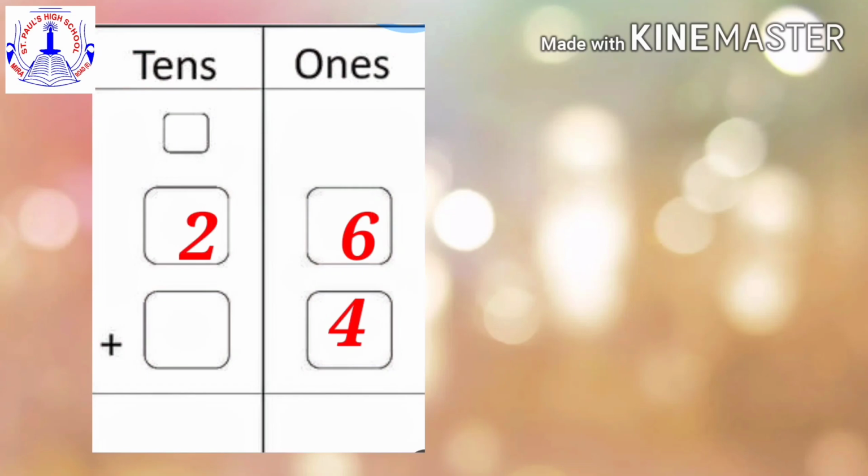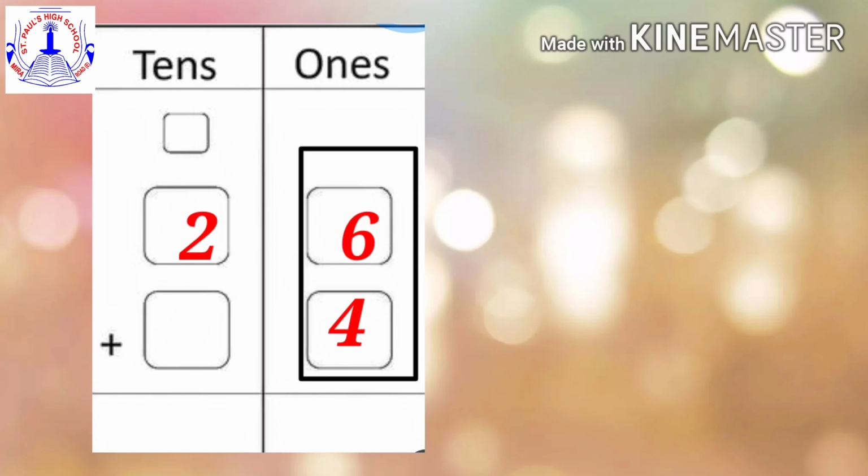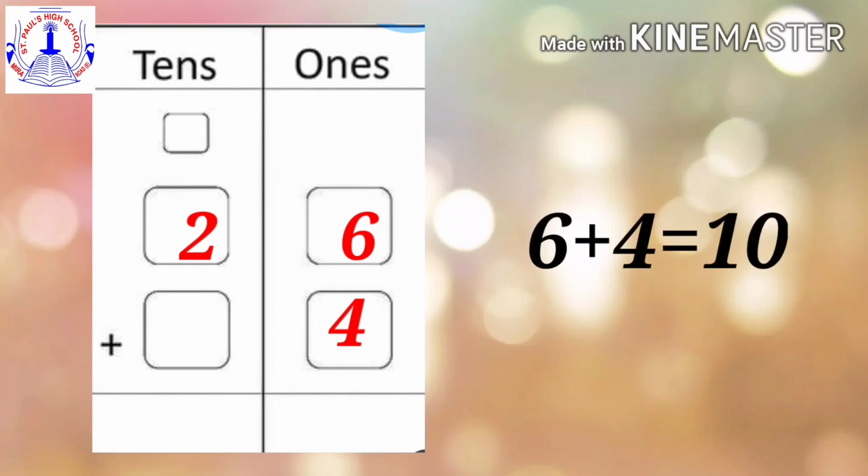Now the third one, 26 plus 4. As you all know, first we need to add the ones place. So 6 plus 4. How much is 6 plus 4, students? Let's count on your fingers after 6, four numbers: 7, 8, 9, 10.